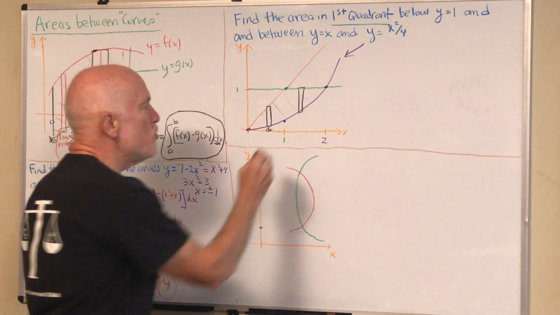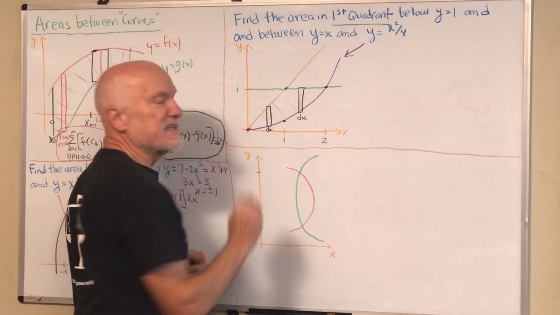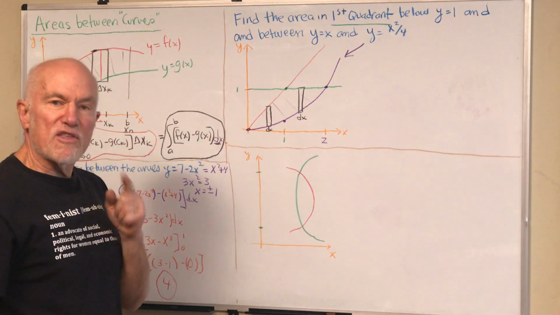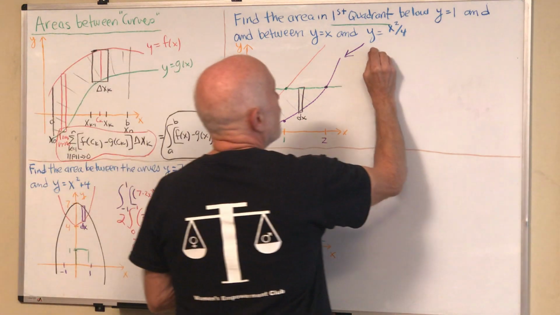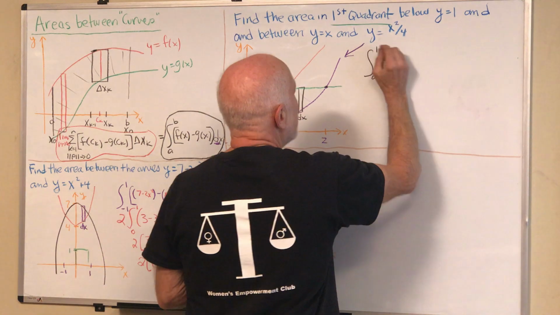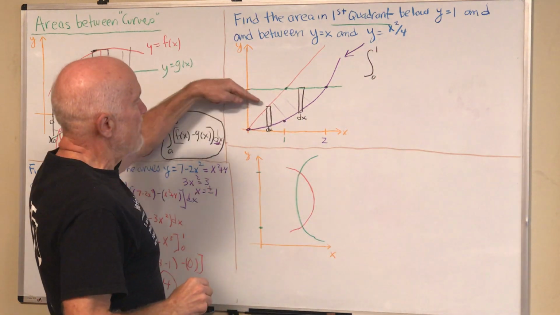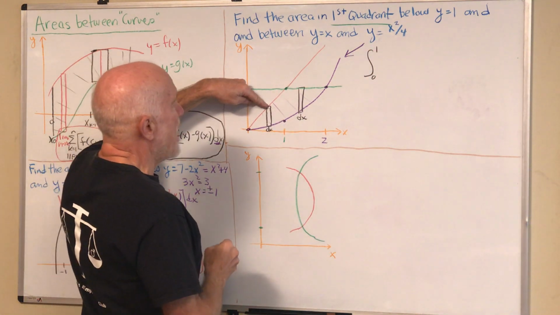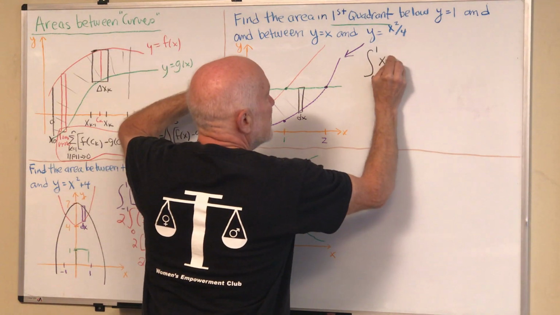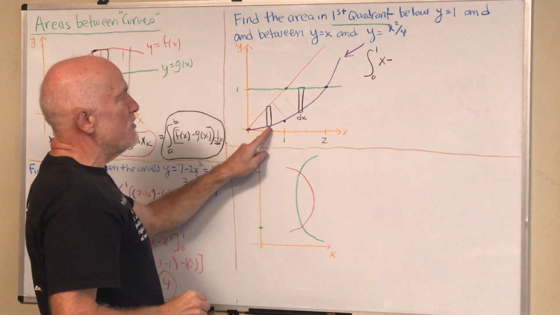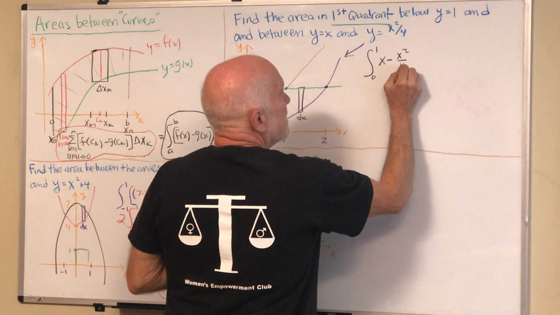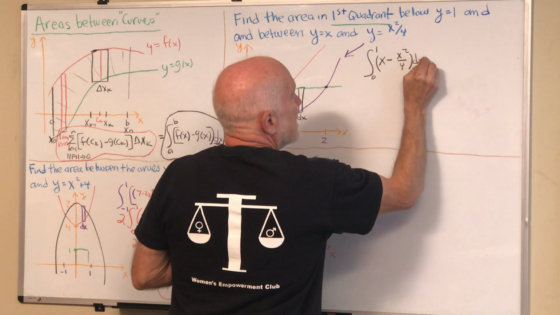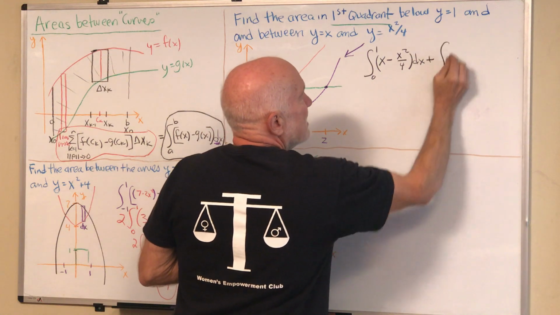So we have 2 separate types of rectangles, which means we have to split this up into 2 definite integrals. I have to go from 0 to 1, and now the upper one is y equals x, and the lower one is y equals x squared over 4. And then I have to add to that.